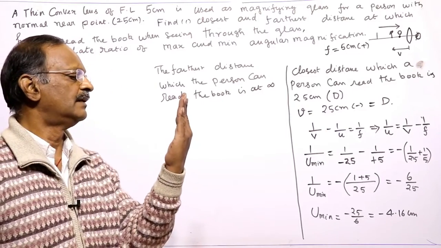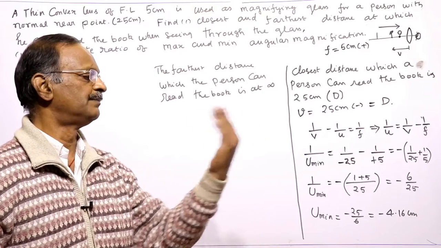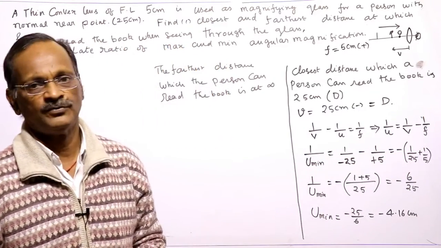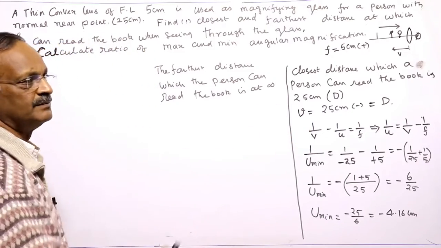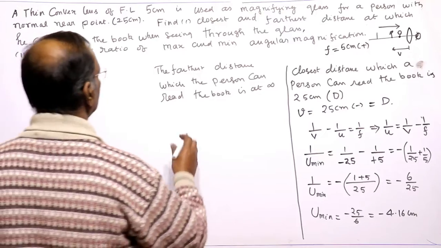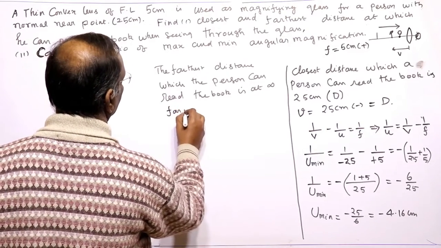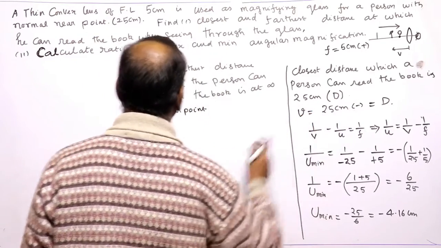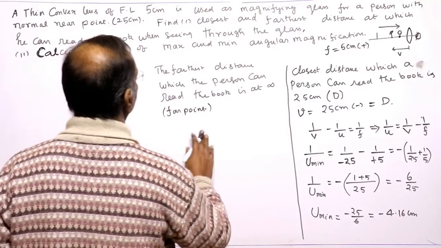Minimum distance is where the book should be kept so that the image is formed at the least distance of distinction. For the farthest distance, the image is to be formed at infinity, so then he can read the book, and the maximum object distance is the far point. This is the near point, and that is the far point.